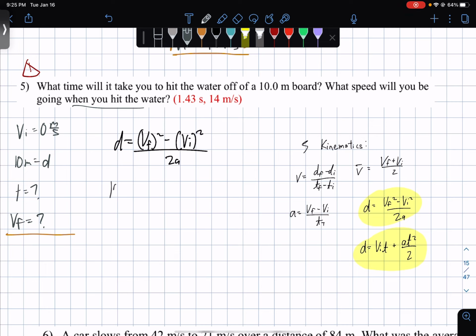We have the distance. Well, shoot. We need final velocity. Let's try the VIT formula. VIT plus... Damn. We don't have the acceleration. That's the thing.